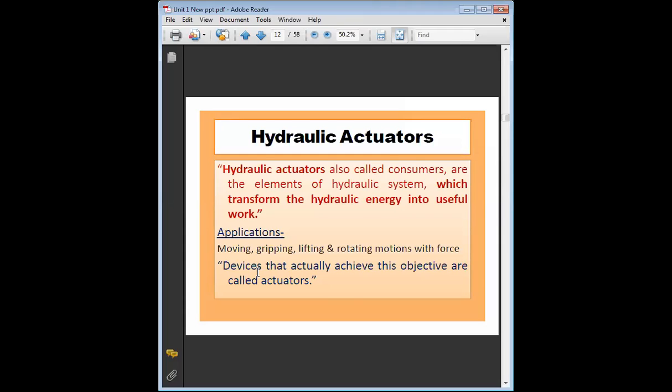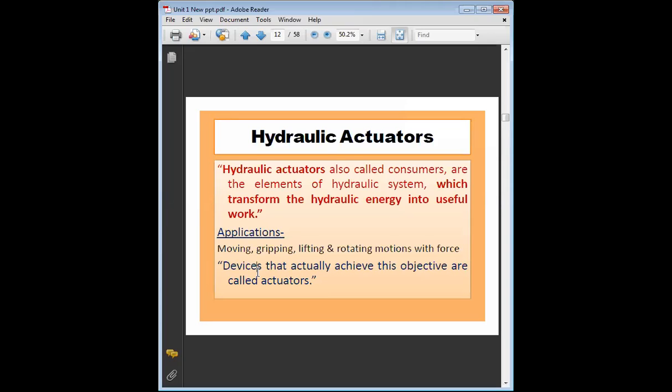As we know, hydraulic actuators are an important element of a hydraulic system, and the main function of a hydraulic actuator is to transfer hydraulic energy, that is fluid energy, into useful work. Please remember, hydraulic energy is converted into useful work, that is mechanical work. Getting it? That is the main function.